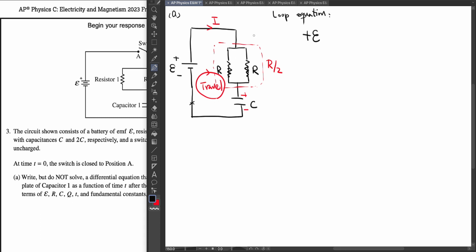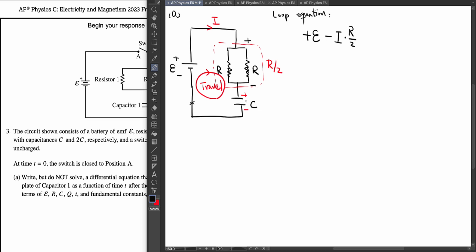So as we move across the two resistors, the upper side has a higher potential than the lower side, which means there's a decrease of the potential. So we should add a negative sign here. Then using Ohm's law, current times the total resistance R over 2, we get the amount of decreased potential. Now we move to the capacitor.